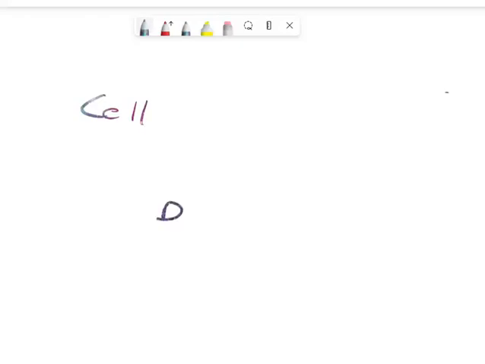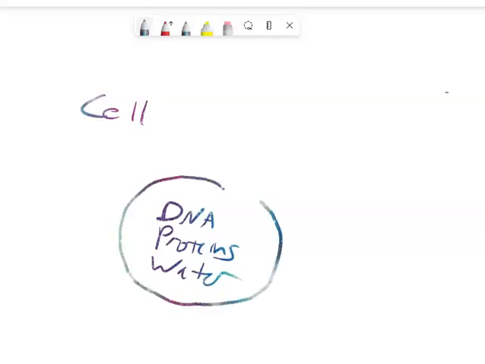On the inside, it's going to have DNA, proteins, water, other stuff like that. And then surrounding that, generally speaking, is going to be the membrane. So that's going to be a phospholipid bilayer.